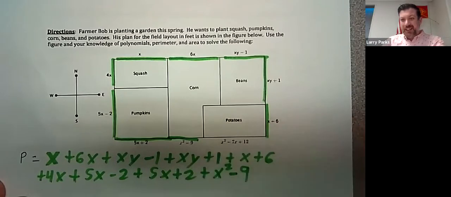And if you have a highlighter, see how if you highlight as you go, you don't forget anything. It's a very useful tool. And then I believe that says x squared minus 7x plus 12.